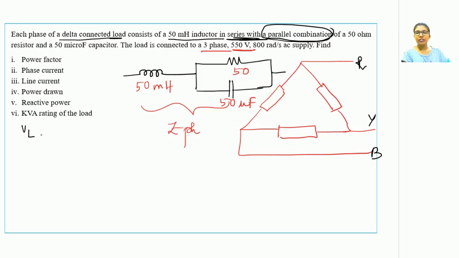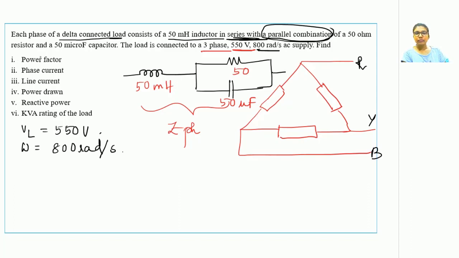As we have studied in our previous video lecture, for a three-phase AC supply, the voltage given in a three-phase supply question is always a line voltage unless otherwise specified. So 550 volts is the line voltage. Over here, 800 radians per second AC supply is mentioned, which means the value of omega is given to us instead of the frequency.